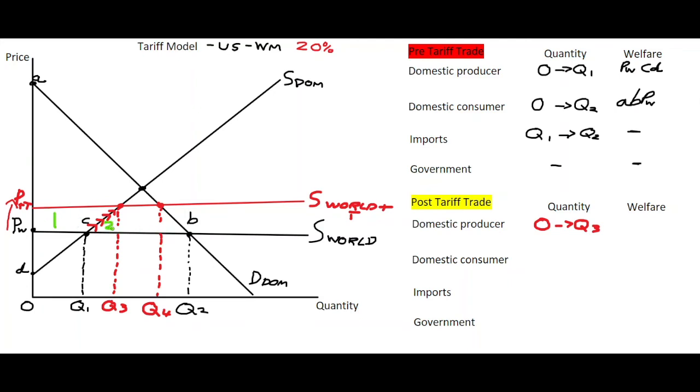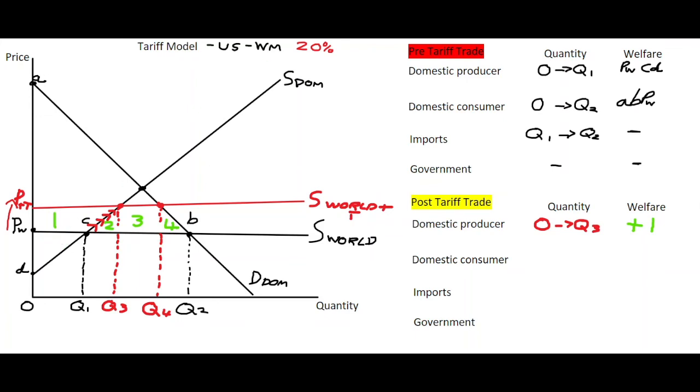We have 2 in the little triangle, 3 for this square in the center, and 4 over here in the other triangle. Now, the extra producer welfare that US producers now have is represented by area 1. So they have increased their welfare, and they've increased it by area 1 in this case, the area below the new price line and above the domestic supply curve.